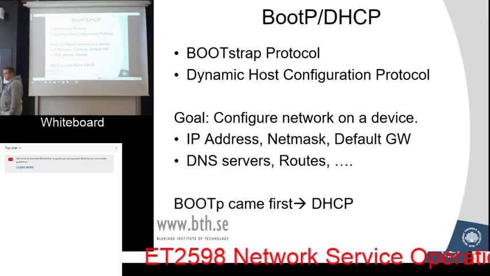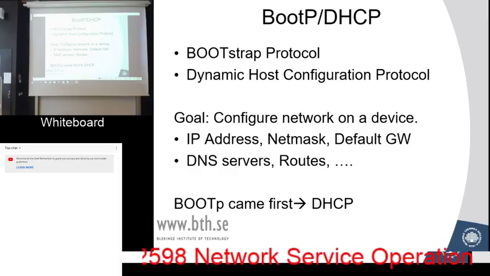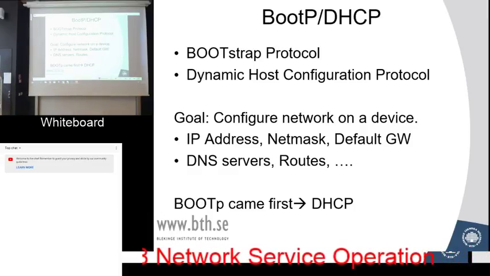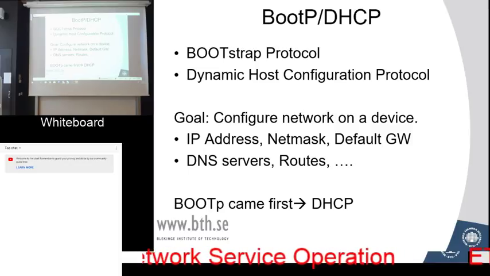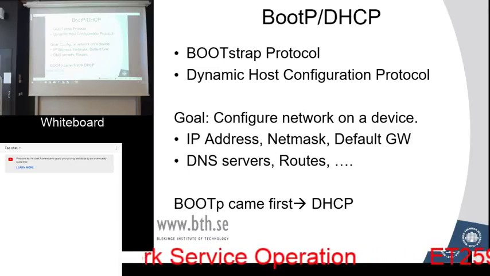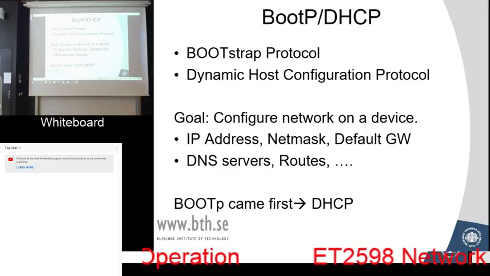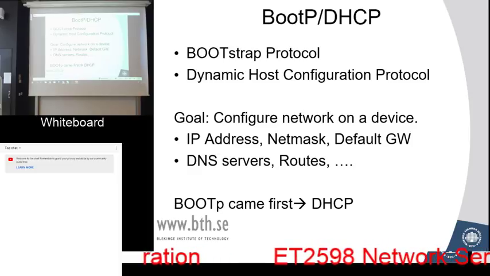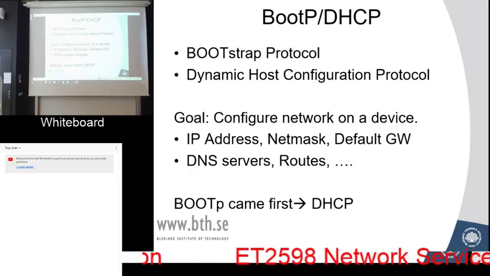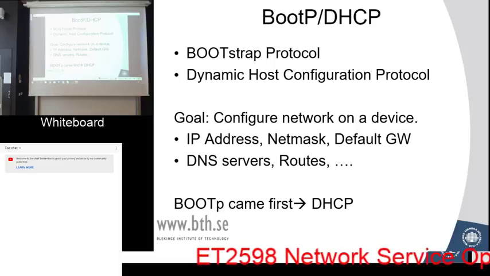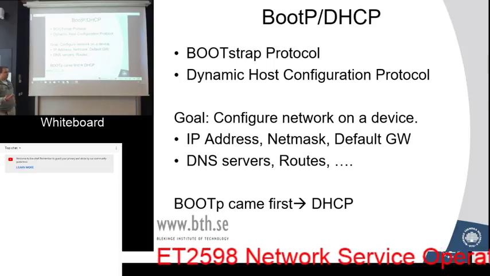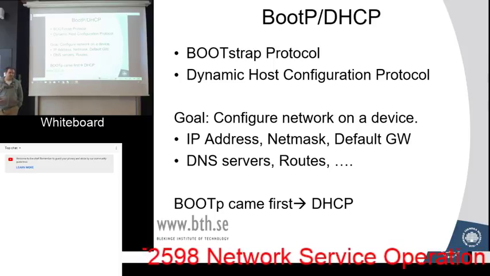The reason for DHCP and BootP is because when you have a network that is growing beyond a couple of devices, you're not able to manage this on your own as a human. So you need some kind of procedure or system that does this.